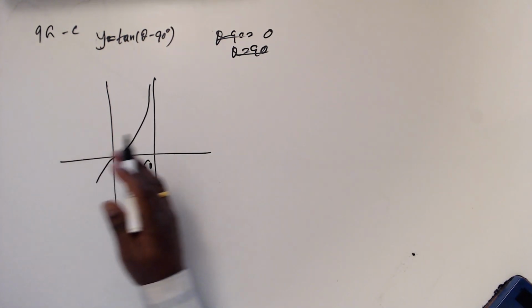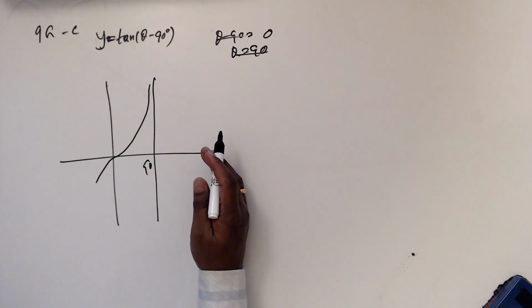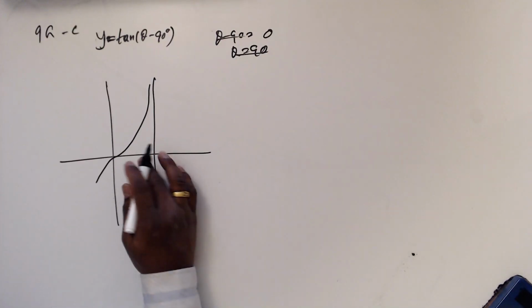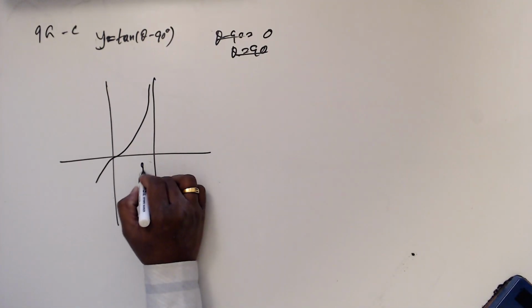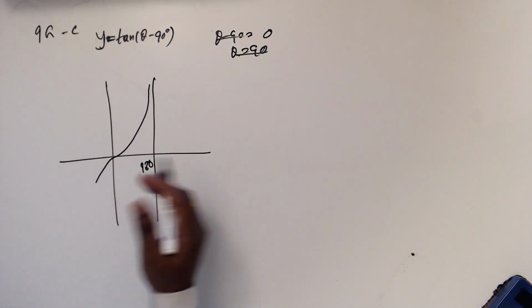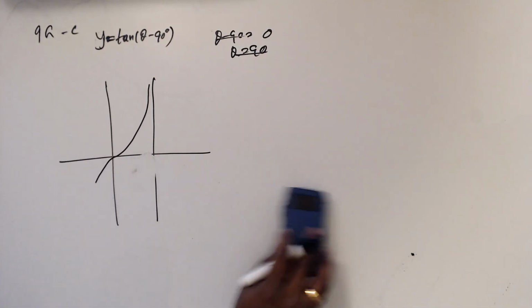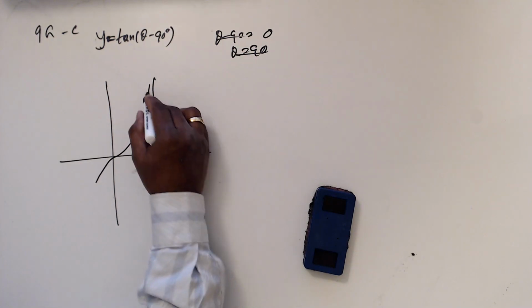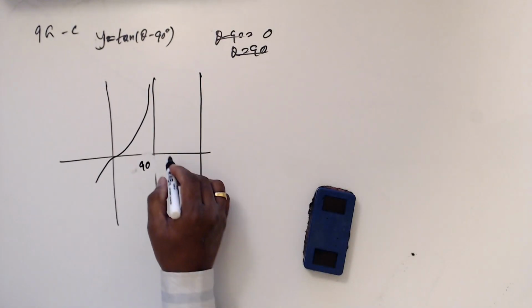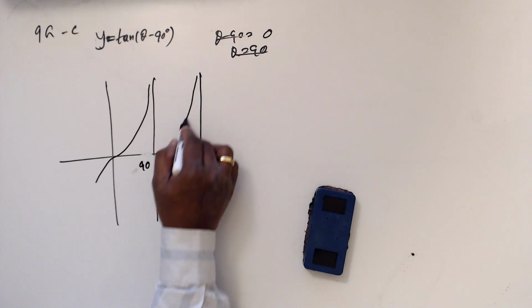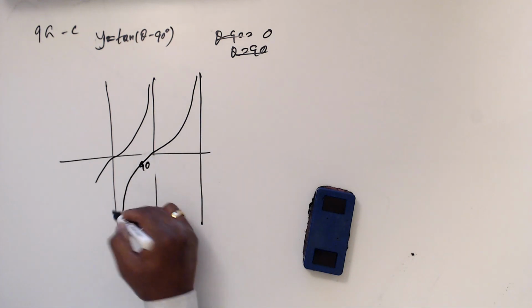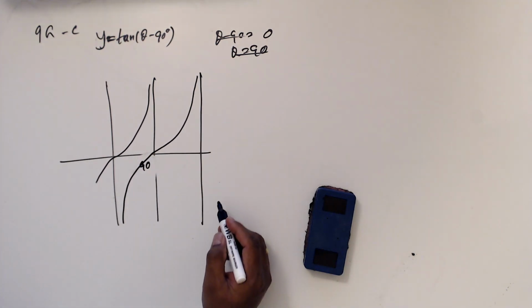Now shift this one 90 degrees. Then when you shift this one, this value becomes 180. Or I'll keep this one, this is 90, and this asymptote becomes 180. Let's go through 90 like this.